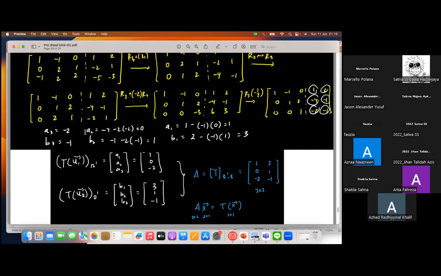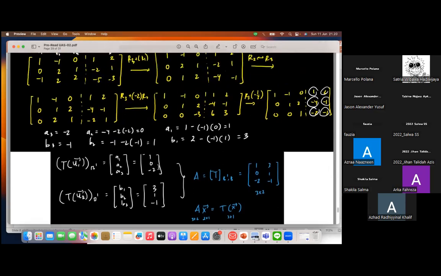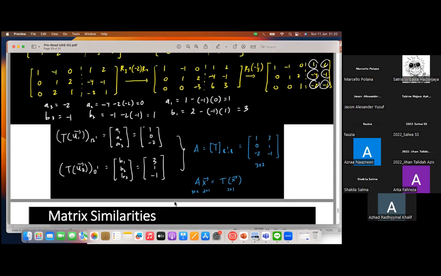However, if you were to observe, this is for 3, this is for 2, this is for 1. The values have been obtained here in the white. So therefore, we have this. This is your transformation. 1, 0, minus 2, and 3, 1, minus 1. So this is what you get.